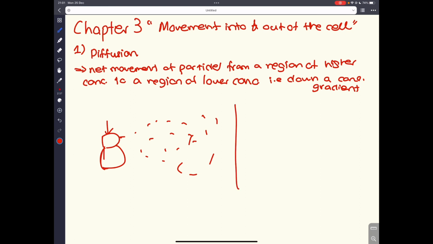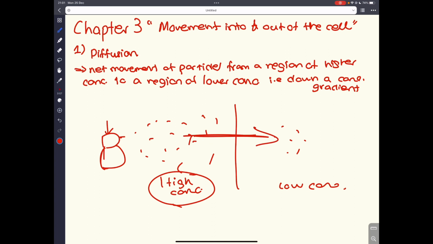But notice that one side of the room where you initially sprayed it has a high concentration of that perfume. On the other side of the room, there is a low concentration of it, or in other words, almost none of those perfume particles. The principle of diffusion is that the particles are going to move from a region of higher concentration to a region of lower concentration. So essentially, the net movement is going to be from high to low.